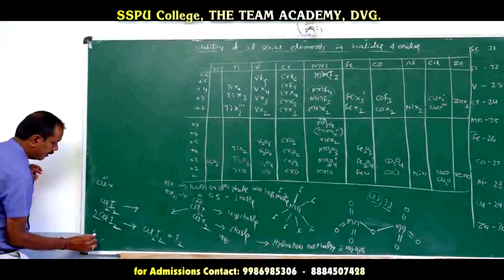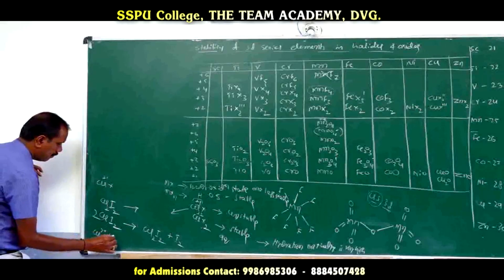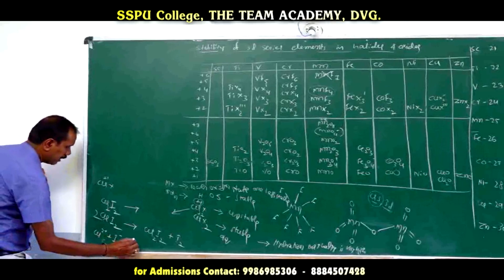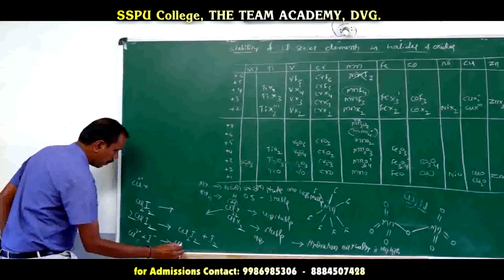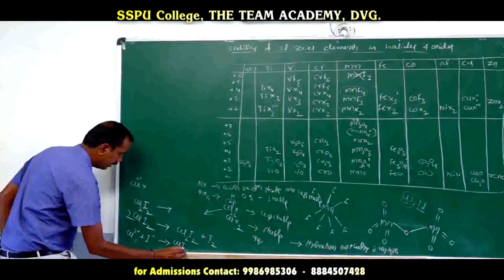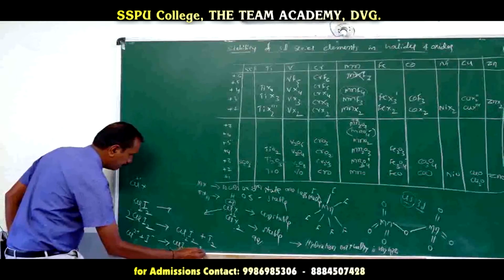Or we can write Cu2+ plus I minus becomes CuI, or nothing but Cu2I2 plus I2.